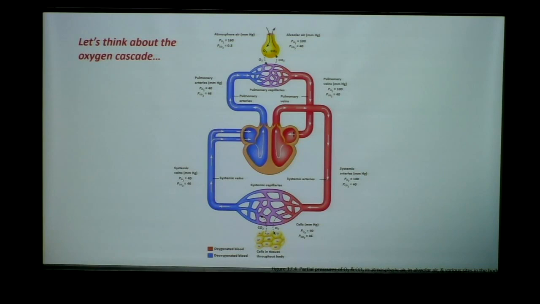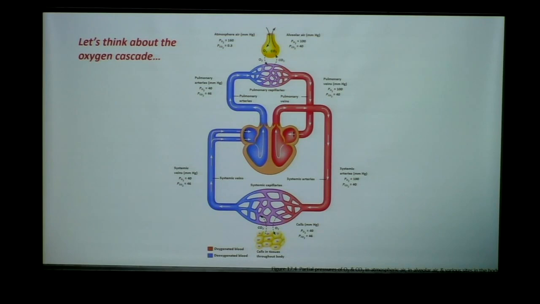And we can look at carbon dioxide going in the reverse, right? Carbon dioxide has a partial pressure of 46 millimeters of mercury down at the level of the tissues, and it stays at 46, and then it eventually drops to about 40 at the level of the alveoli, and eventually there's a significant drop off from 40 down to 0.3 back out in the atmosphere.